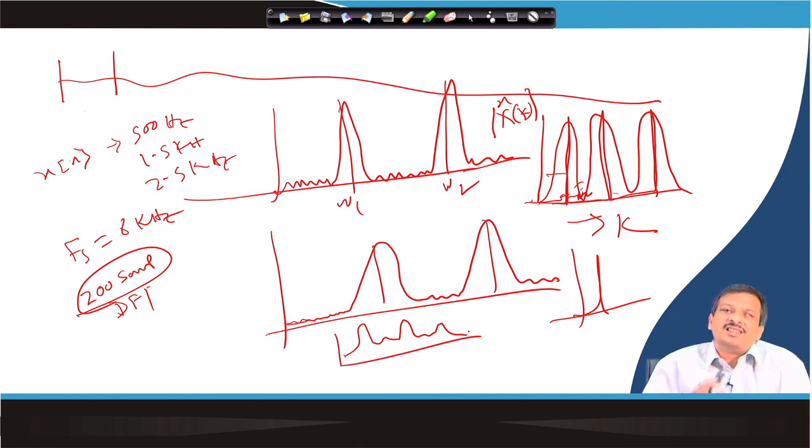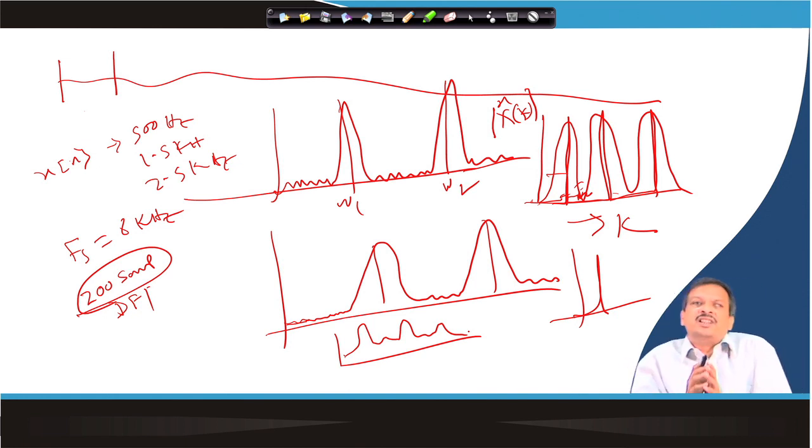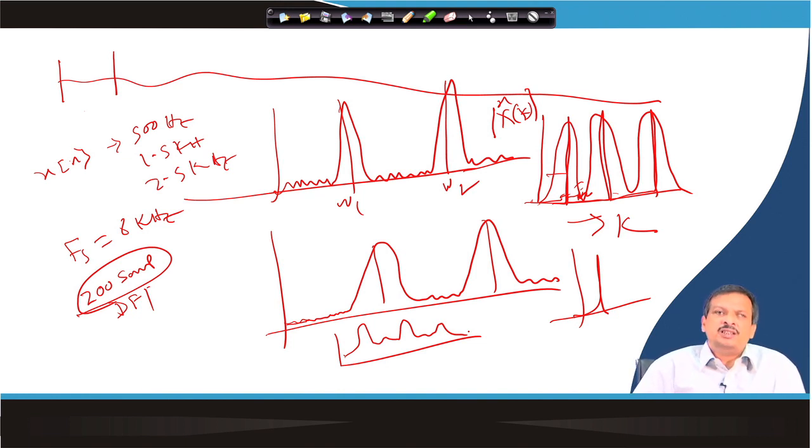Now, this limitation comes into the picture in signal analysis. A real example is the short term Fourier transform. In speech processing, we use the short term Fourier transform to analyze the signal in the frequency domain. You may say, sir, why do we require the frequency domain? We are very happy with the time domain.